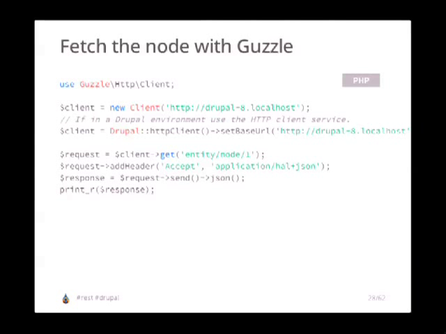The HTTP client service provides that for you, so you have Guzzle built into Drupal. And same thing here, just prepare the request, add the appropriate headers, execute it, and you can even JSON decode it automatically with Guzzle, and then you have the array structure of the response.